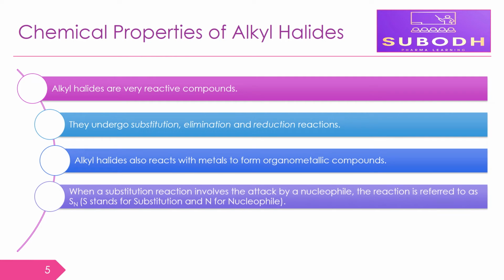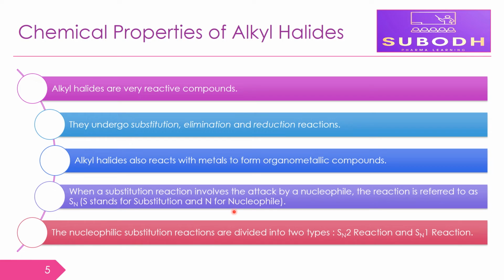When a substitution reaction involves the attack by a nucleophile, then the reaction is referred to as SN, where S stands for substitution and N for nucleophile. The nucleophilic substitution reactions are divided into two types, SN2 reaction and SN1 reaction.